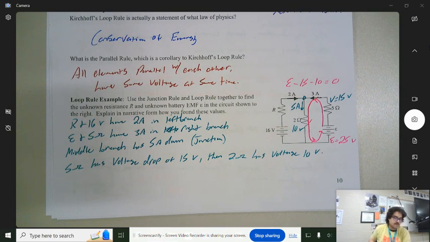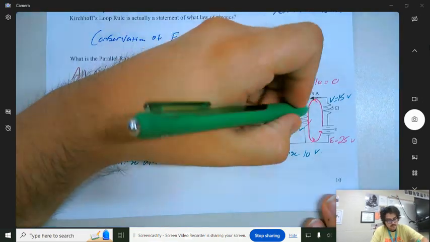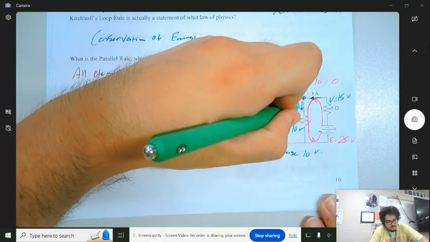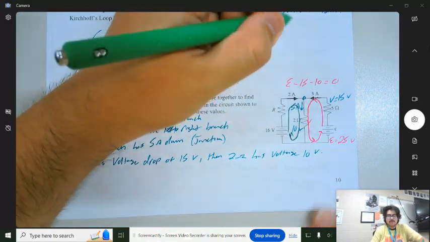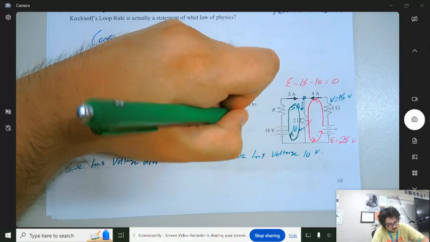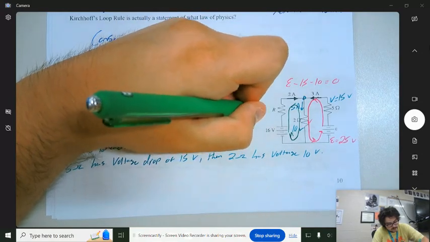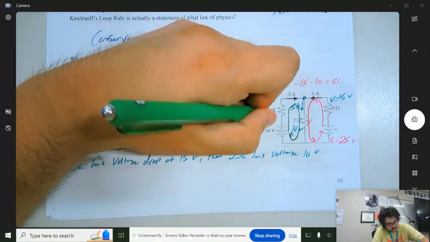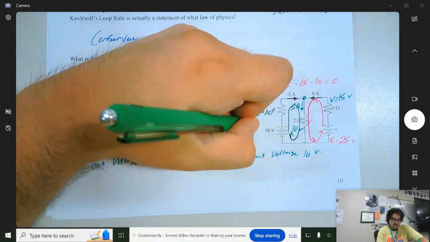Another thing that we can do on the left loop is that we know the left loop goes from this way all the way down. One thing that we know for the left loop is that we start out at 16 volts, we subtract an unknown amount, and then we subtract 10, and we're right back at 0.